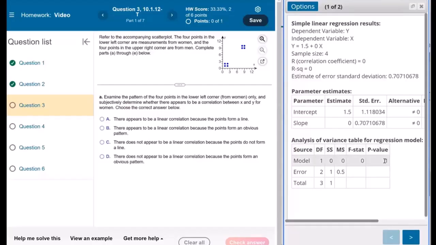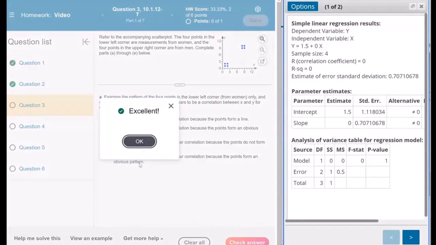Our p-value is 1. Examine the pattern of the 4 points in the lower left-hand corner, that's what we just did, and subjectively determine whether there appears to be a correlation between X and Y for women. There does not appear to be a linear correlation because the points do not form a line. That is the correct answer. Check.